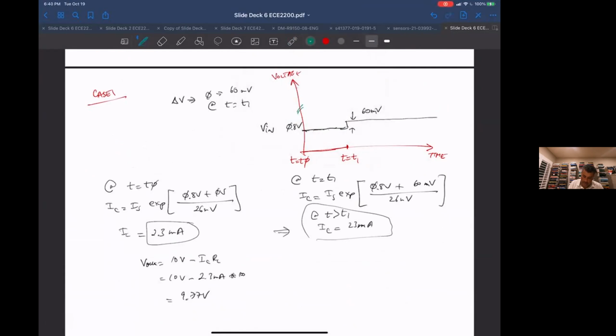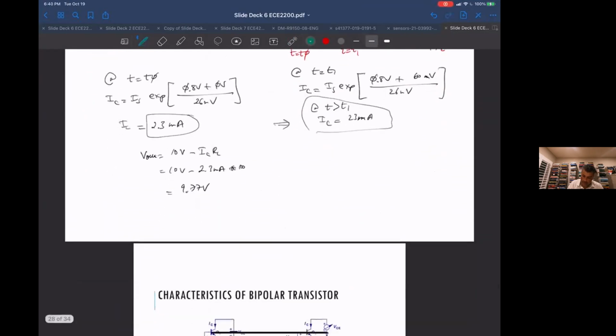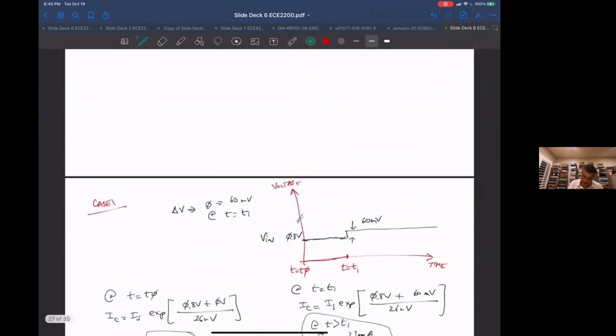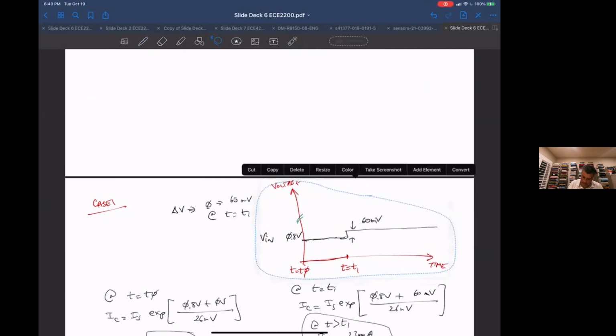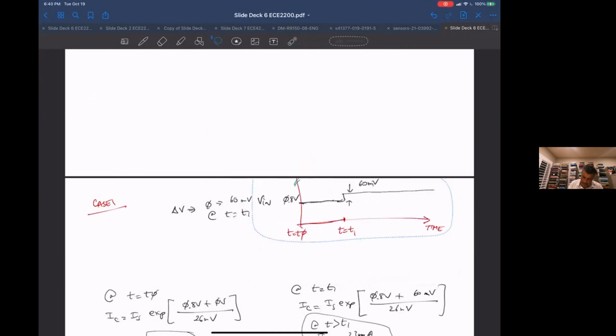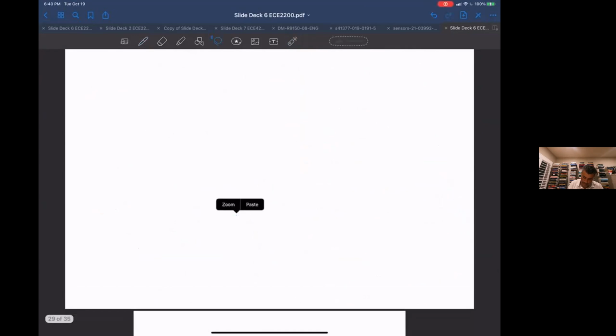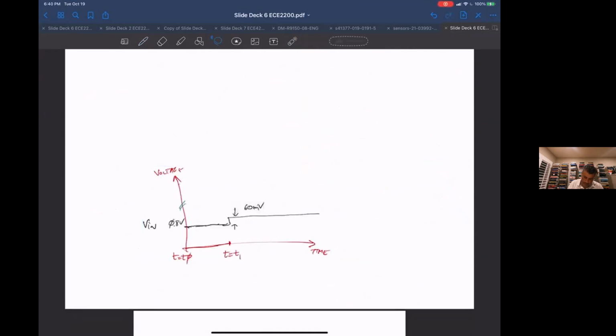Let me actually draw this so that I can give it some semblance of scale.